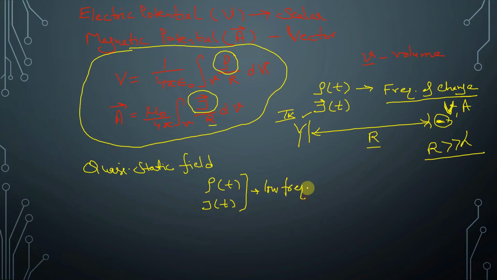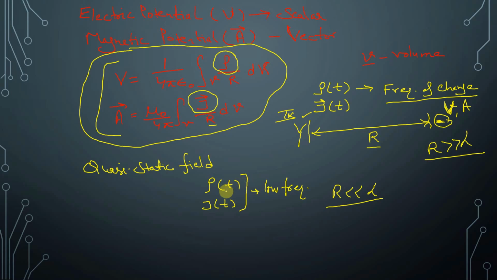Their frequency of change is very slow, and the distance where we want to measure their effect is less than their wavelength. That case is called a quasi-static field. Then we can use these formulas.